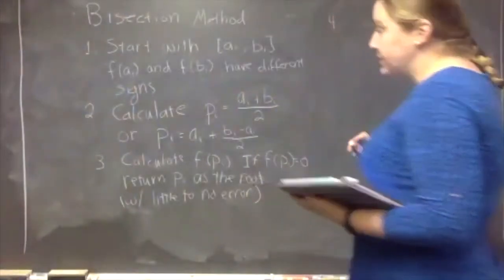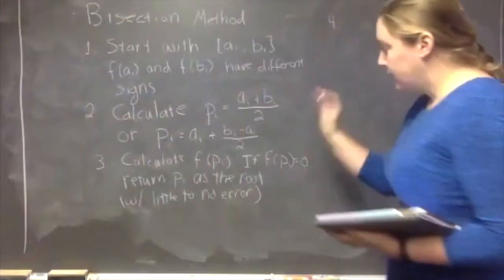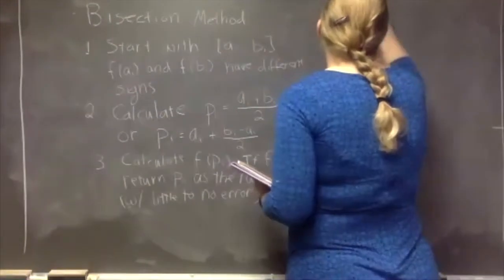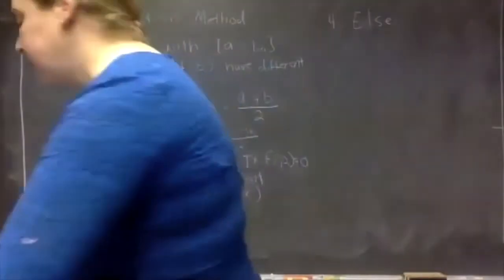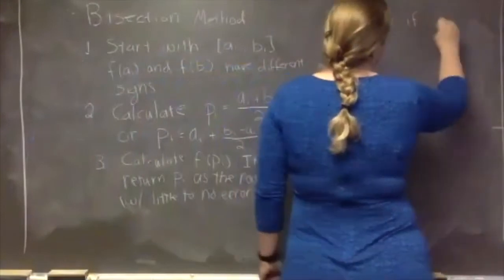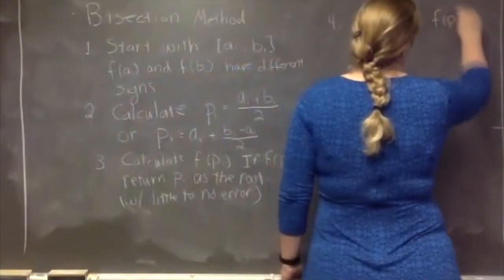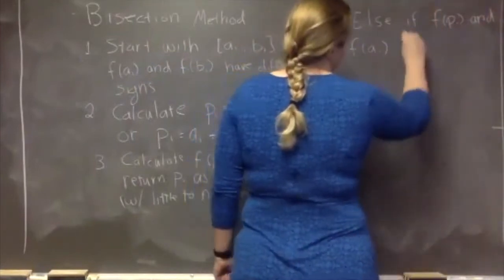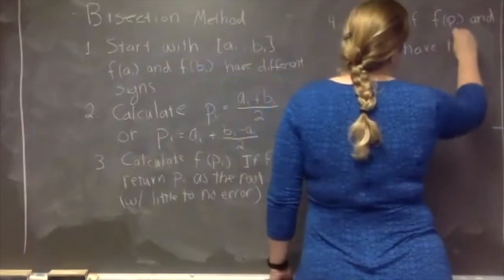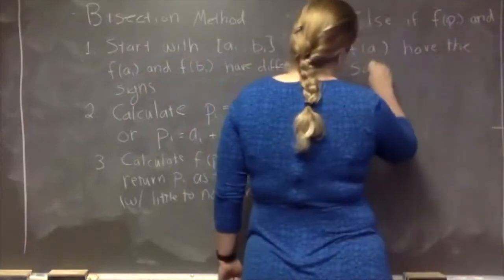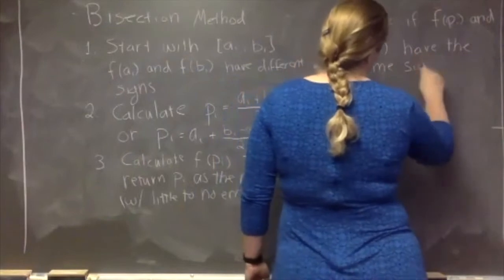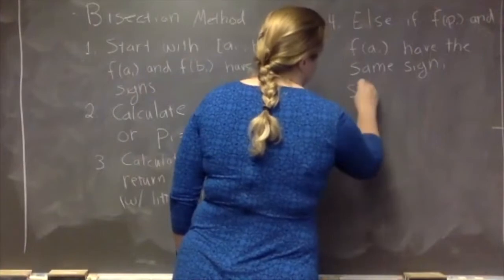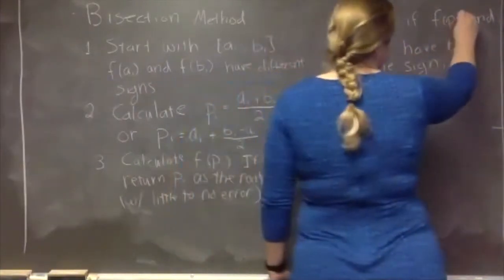So once you have that, then you end, obviously, if you found the root. Otherwise, else, if f of pi and f of ai have the same sign, what you're going to do is set, oh, sorry, let's make this pi, ai.